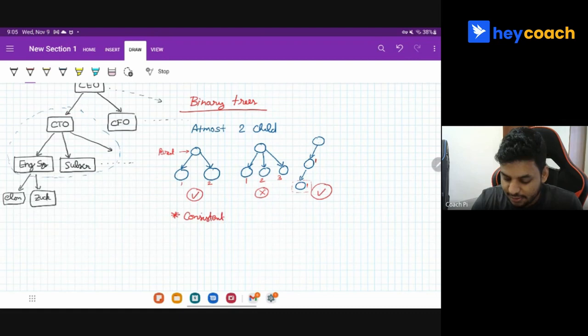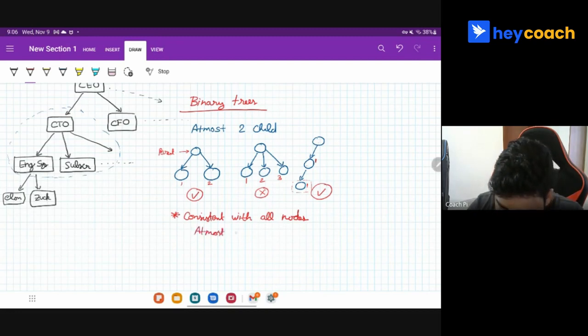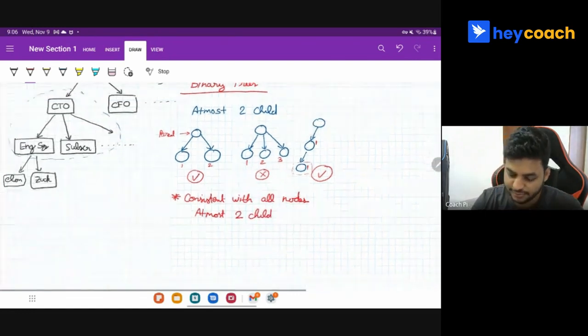It won't be the case that a few of the nodes are following this property and a few of the nodes are not consistent with this. In that case, it won't be a binary tree. Okay. So at most two children. So this is our definition of binary tree.